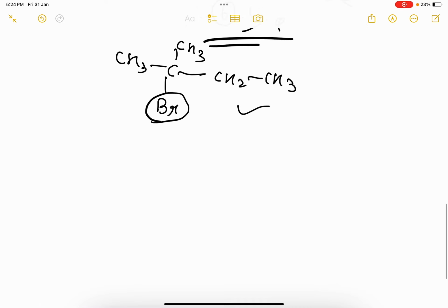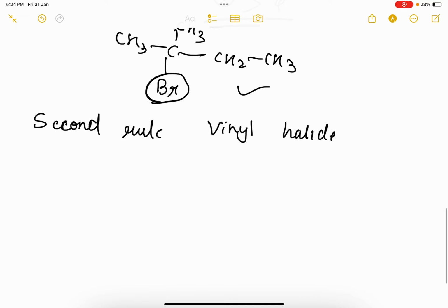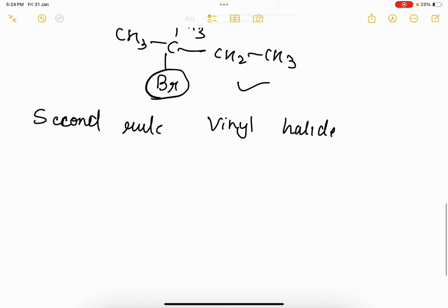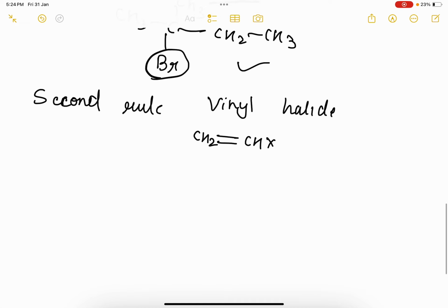The second rule of Markovnikov is about vinyl halide. Firstly we have to clear what is a vinyl halide. When in any compound there is a double bond and halogen, both are present, the molecule is known as vinyl halide.